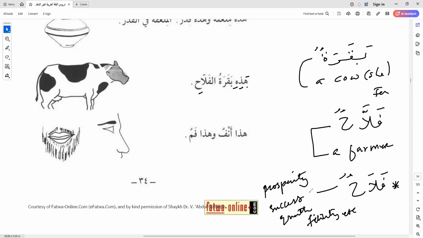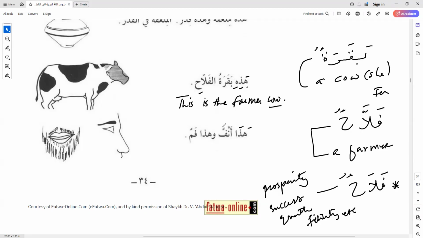Anyway. So فلاح is a farmer. هذه بقرة الفلاح. This is the farmer's cow.